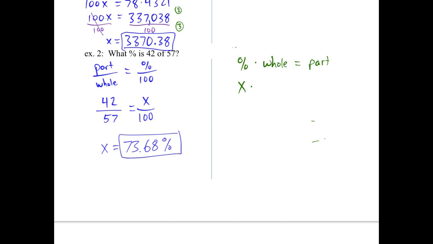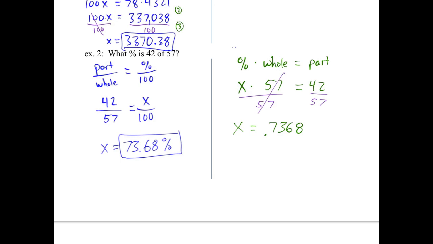So 42 is going to go in for the part. Of 57. So 57 fits the whole because it's that of in there. And now to solve for X, we simply do 42 divided by 57. Get X by itself by doing the inverse of multiplying by 57. And so now when I do that, I get X equals 0.7368. So do we just find that 42 is 0.7368% of 57?